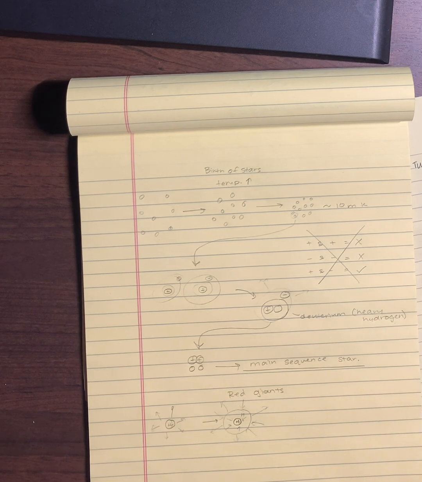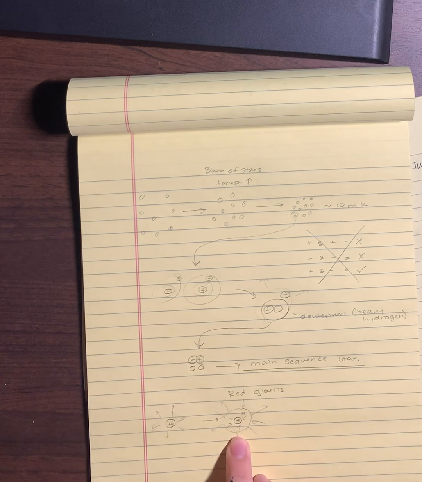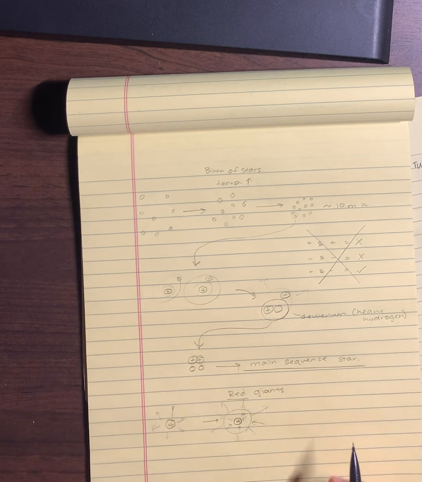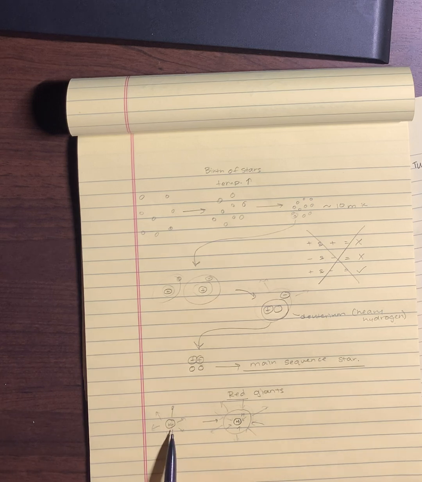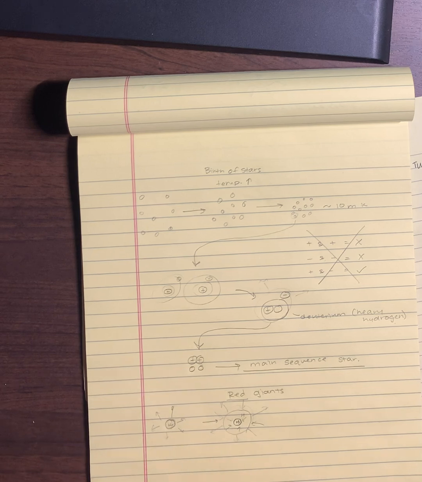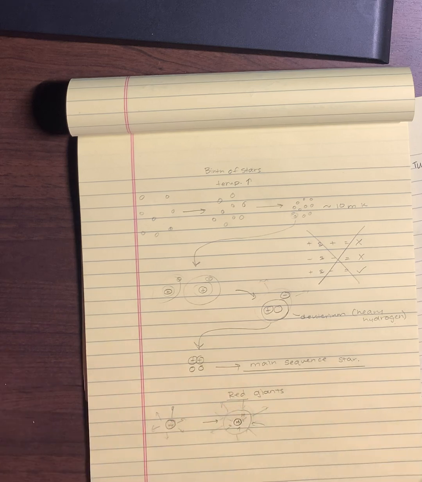At this point you can see that the star is growing in radius, but it's called a red giant because there's more surface area on the outside that allows cooling to happen. This right here would be hotter than this because it's a pure center of energy, but out here there's an outside that dissipates the temperature.